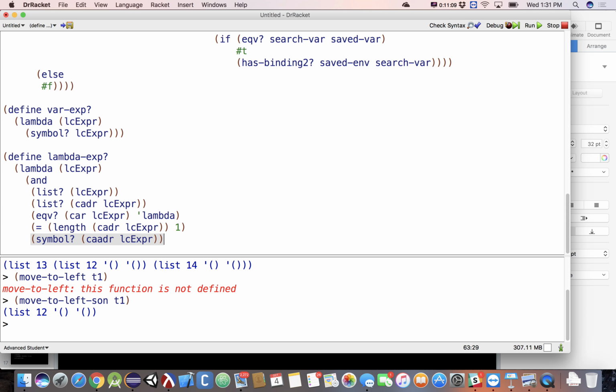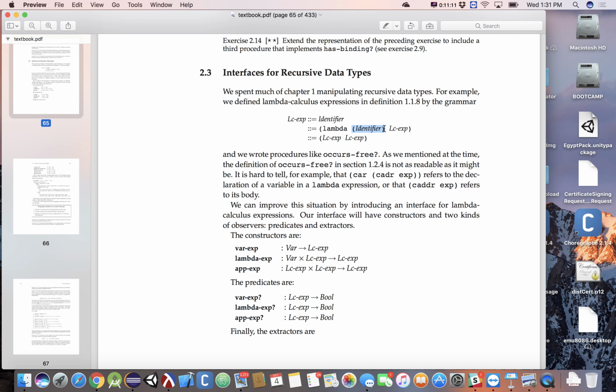Make sense? What else? The car of the cddr must be a what? What's that guy? A lambda calculus expression. So I actually need a predicate for determining whether something is a lambda calculus expression. And what's a lambda calculus expression?